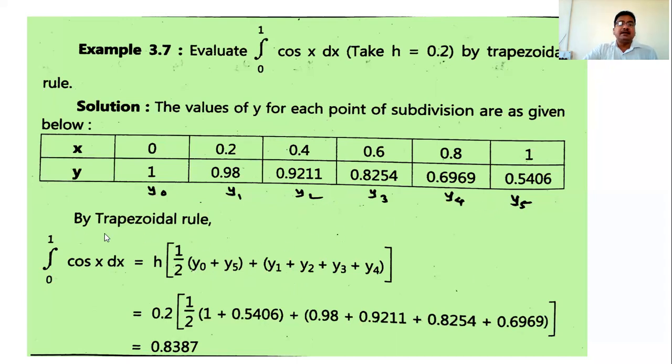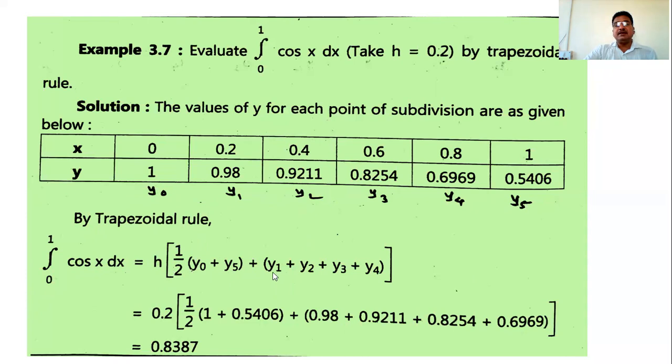Then by the trapezoidal rule, the integration from a to b of f(x) dx, meaning the integration from 0 to 1 of cos x dx, is what? h by 2, right? Here the 1/2 is outside the bracket. Writing the 1/2 inside the bracket is wrong. So write h by 2 outside the bracket, and in the bracket write y0 plus y5, first value plus last value, plus 2 times the remaining values.